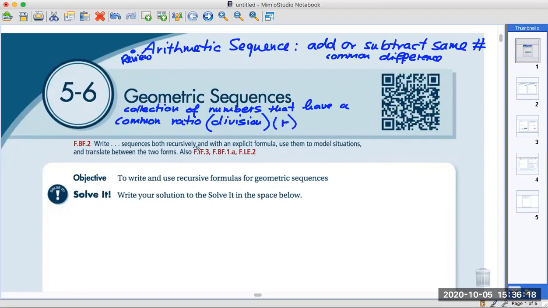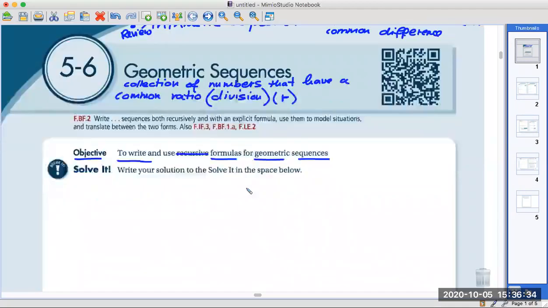Okay, common ratio. So we're going to learn how to write formulas, but I'm not too keen on recursive. I want to do more explicit formulas for geometric sequences, okay?